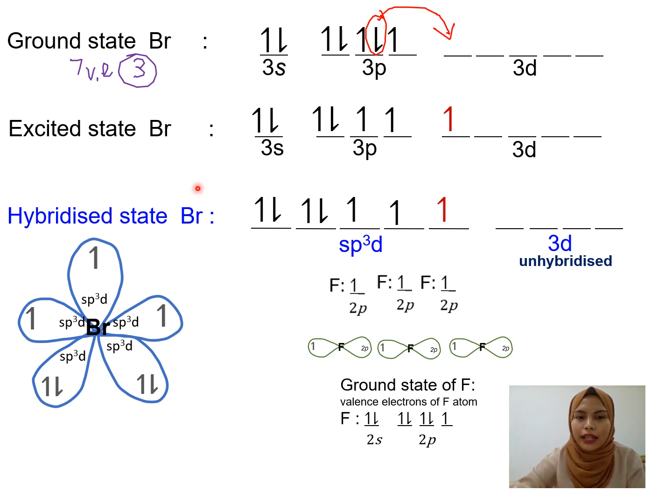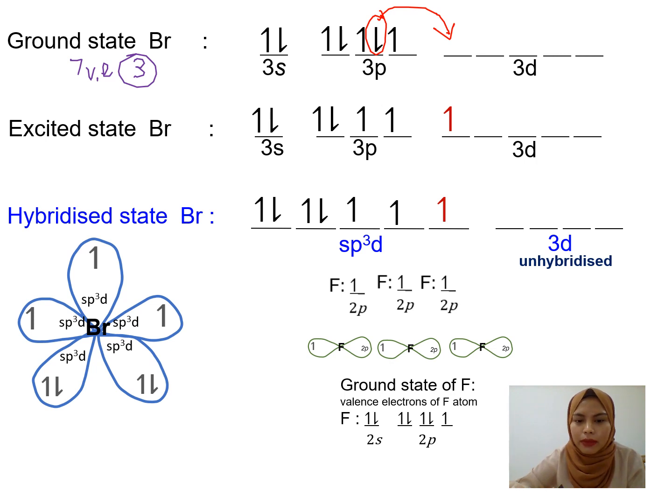Okay, so sekarang ni the excited state of Br, you akan dapat sepasang elektron dekat 3S, sepasang elektron dekat 3P dan juga 3 single elektron, di mana 2 single elektron berada di 3P, satu single elektron berada di 3D. So ngam lah tu. Okay, sebab memang you perlukan you ada 2 lone pair pun dekat Br tu.